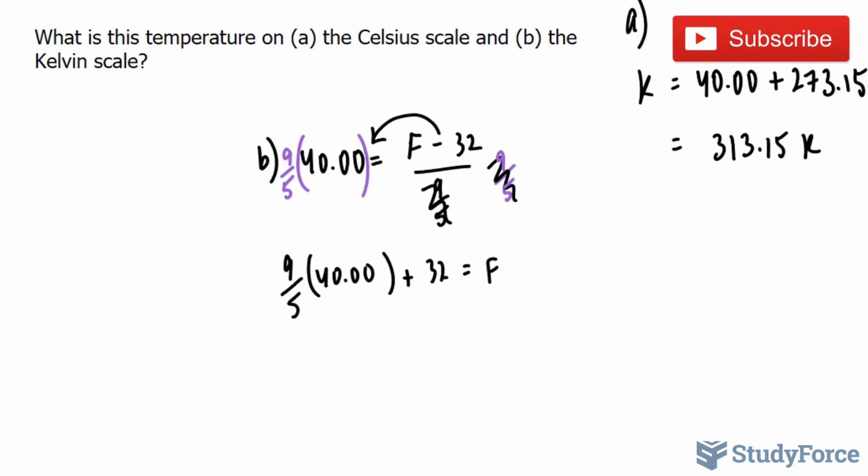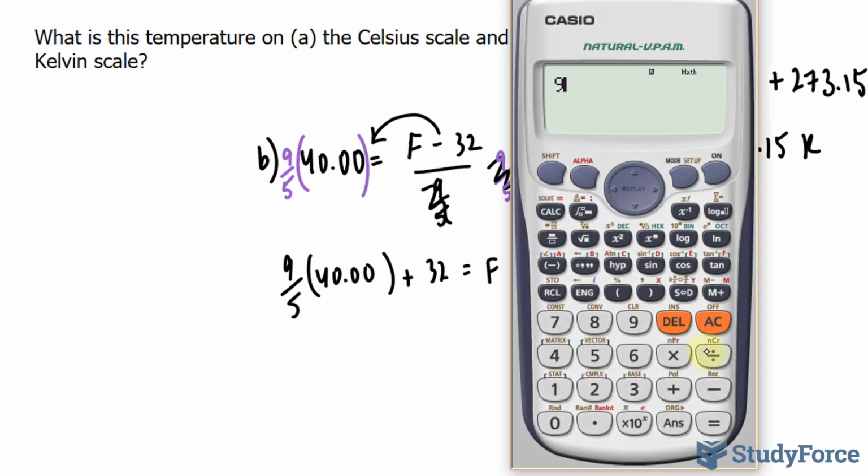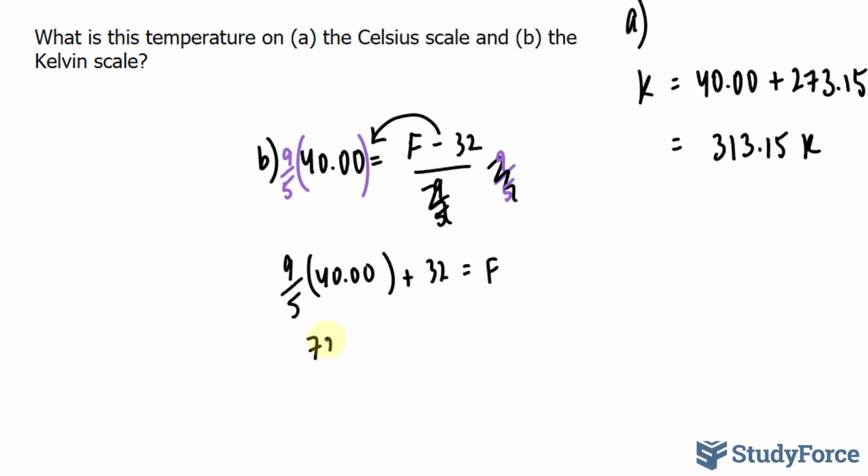Now when it comes to multiplying this part and then adding the 32, you have to be very cautious with the significant figures. What you want to do is multiply this first, and here's how. 9 over 5 times 40, that gives us 72, or 72.00.